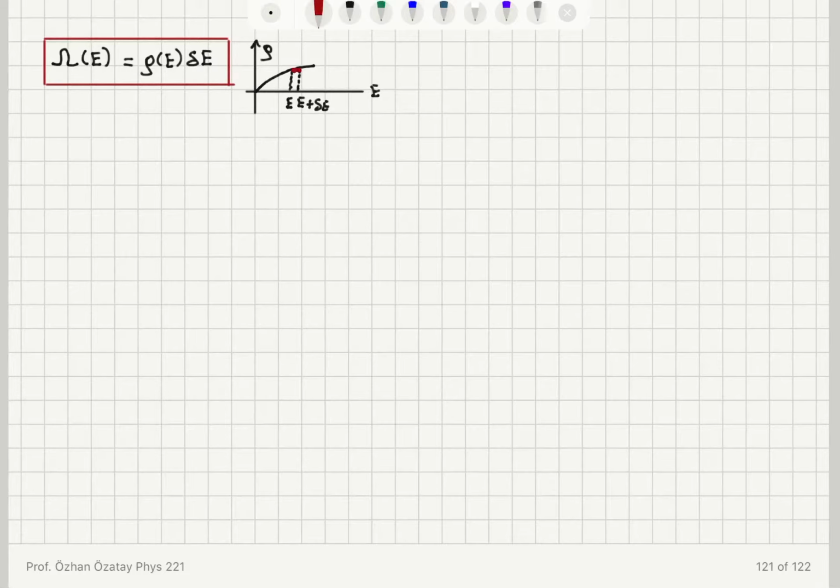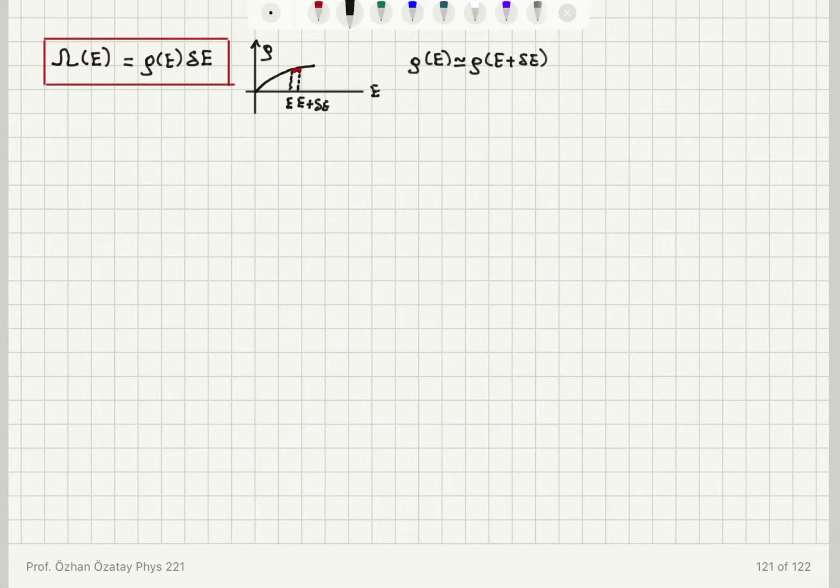It is not changing very much, therefore we use the value at energy level E, because rho at E is almost the same as rho at E plus delta E. So we can just use rho of E multiplied by delta E in order to get the number of accessible states with energies in the range E to E plus delta E.